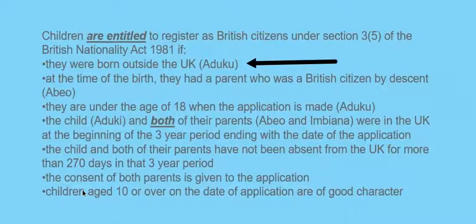First of all, Aduko will need to prove that she was born outside the UK. And at the time of her birth, one of her parents was a British citizen by descent, which is satisfied in this case because we know that Obia is a British citizen by descent.